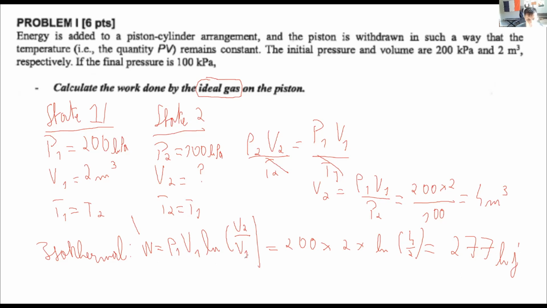So if we go back to this format, Pn Vn ln of Vf minus ln of Vn, these subscripts, whatever state they're referring to, are always the same. Okay.